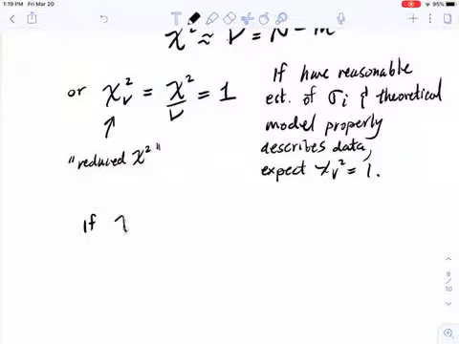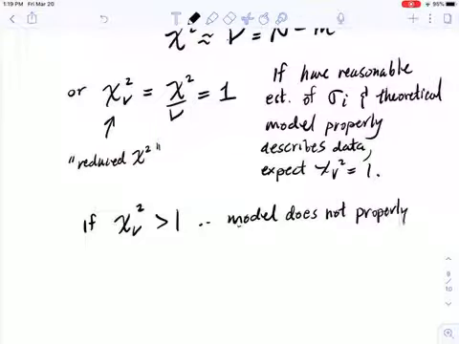If the reduced chi-squared is greater than 1, then the model does not properly capture all features of the data.